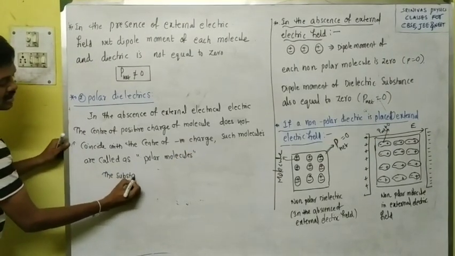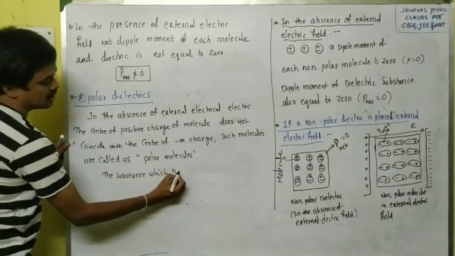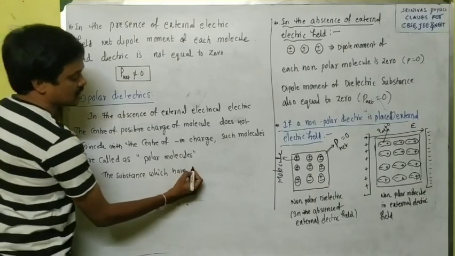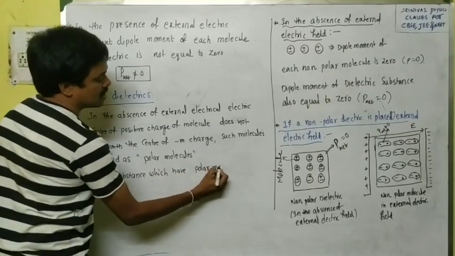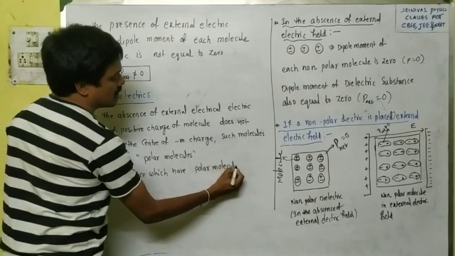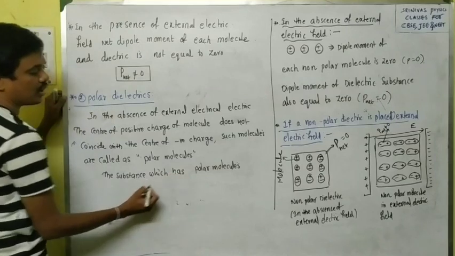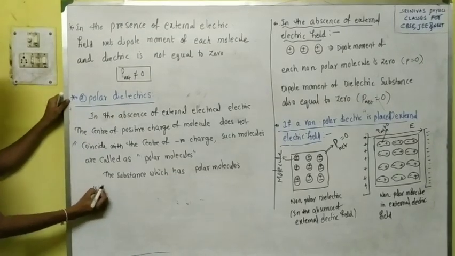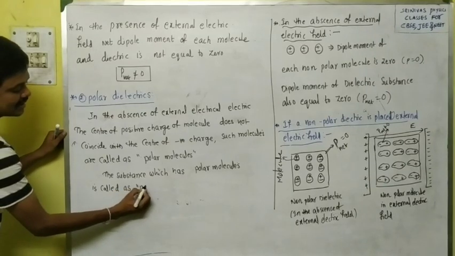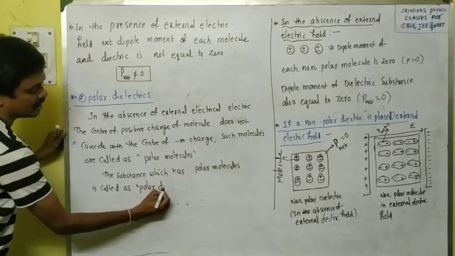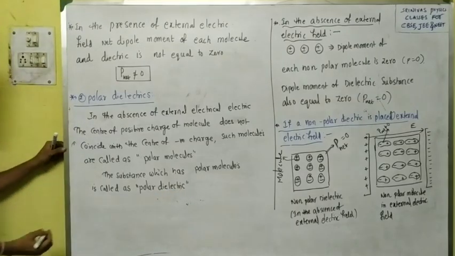The substance which has polar molecules is called polar dielectrics. Right? This is about polar dielectric.